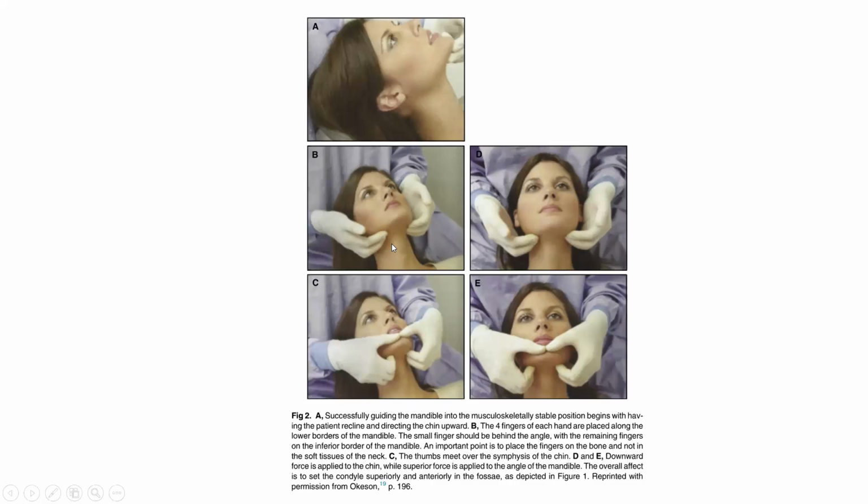The forefinger should be placed at the angle of the mandible, with the little finger behind the angle of the mandible, and the thumb placed against the chin of the patient. A downward force is applied to the chin, and a superior force is applied through the angle of the mandible, and this results in the seating of the condyle in the most anterior superior position, which is the most orthopedically stable joint position.